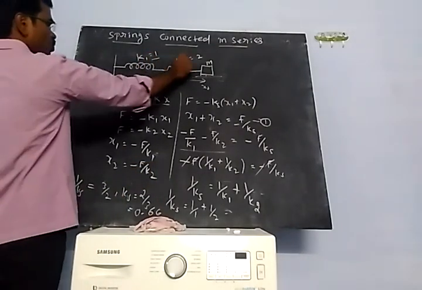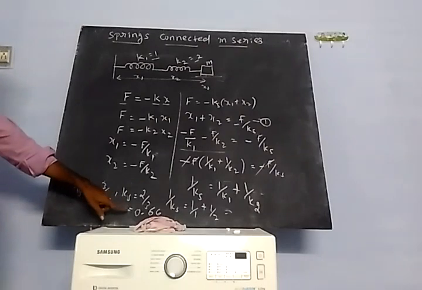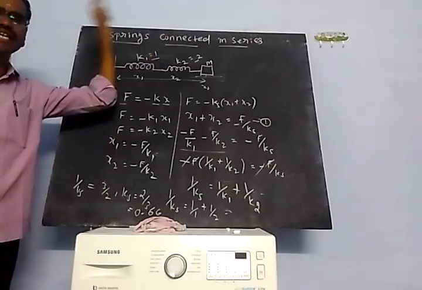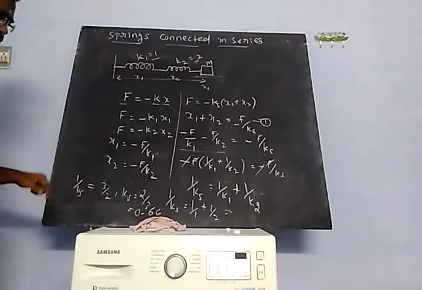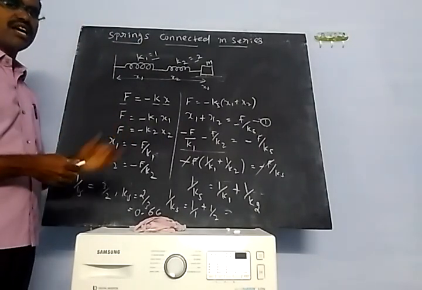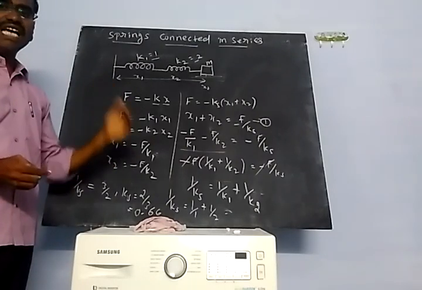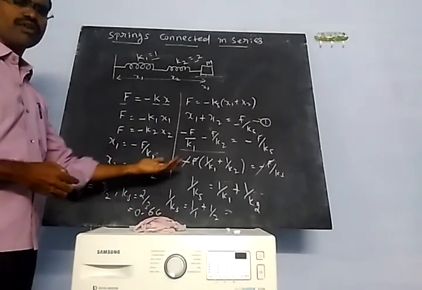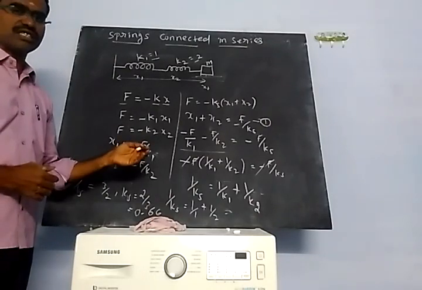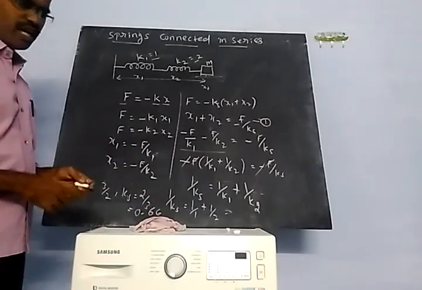So here k1 is equal to 1 and k2 is equal to 2, and that effective spring constant value is lesser than the individual spring constants. So if the springs are connected in series, we get a much lower spring constant value, or stiffness constant value. Okay, do you understand, ma?